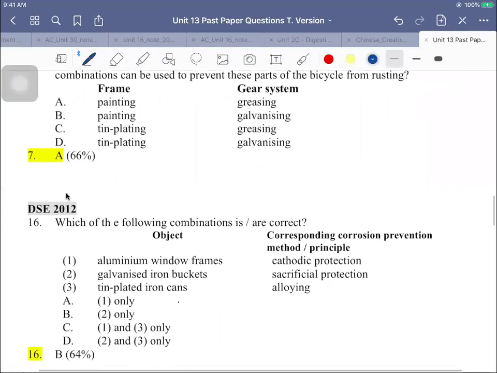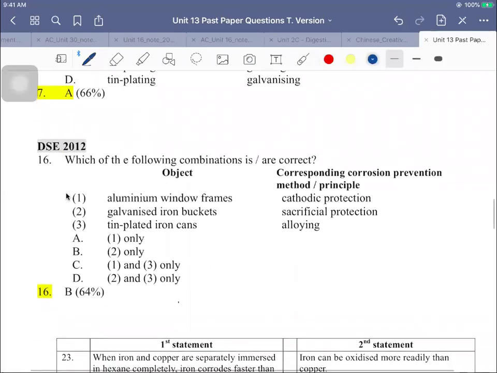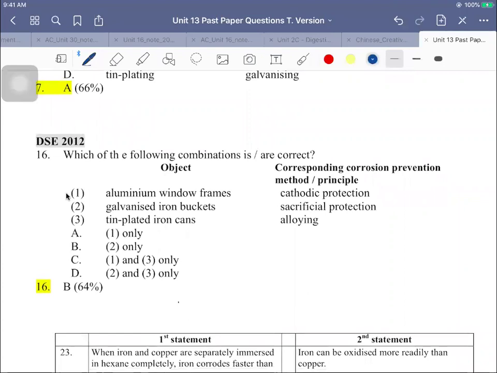Okay, so next one, 16. Which of the following combinations is or are correct? First one, aluminum window frames. Cathodic protection is possible, but it's not a realistic way to do it. And then galvanized iron buckets, sacrificial protection.